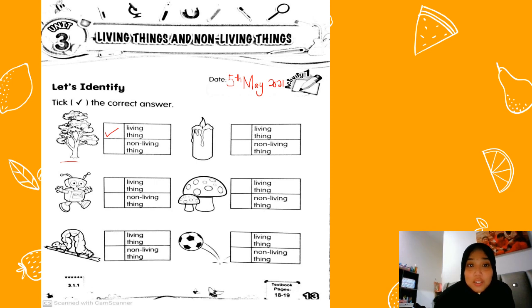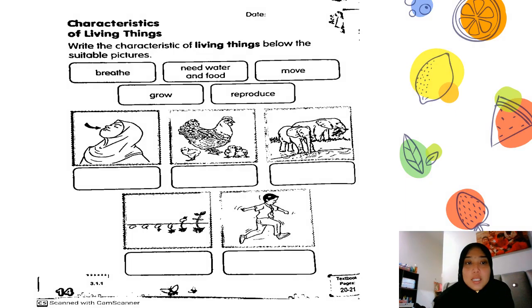Do you understand how to do this exercise? Okay, after that, you have to do it yourself for the rest of the questions because you need to send it to me. Right? So now let's take a look at the next one. Let's take a look at the next exercises. Okay, so now turn to page 14. Right? So page 14.